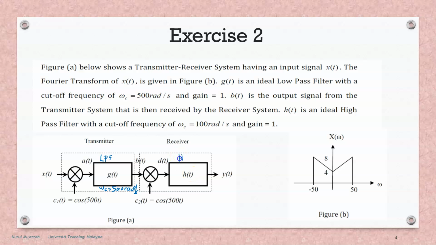So this is ht. Remember, when I say ideal, it means the shape of the filter is sharp, with a sharp corner. The cutoff frequency here is omega c equal to 100 radian per second, and gain is also equal to 1. So this is the given shape of X omega. You do not have to panic when you see the shape.